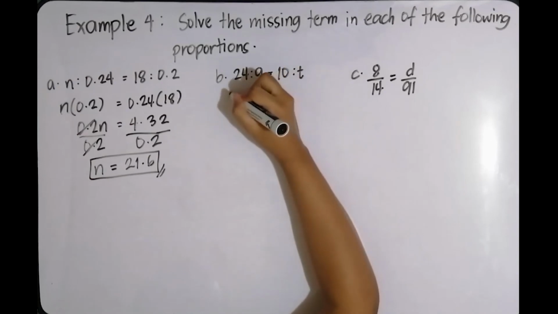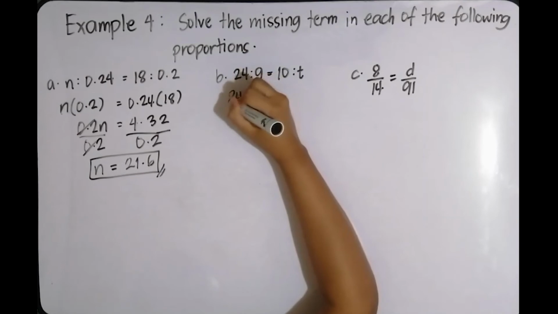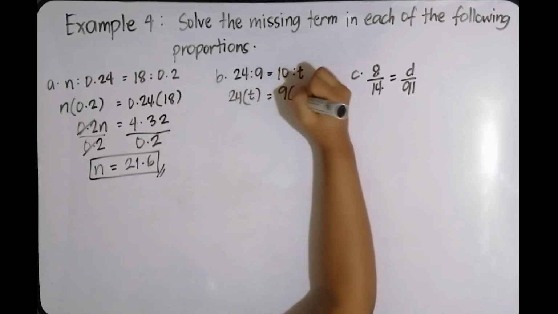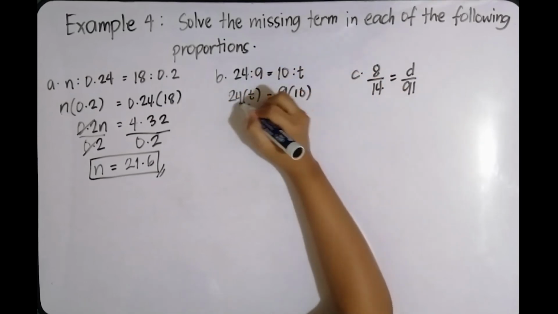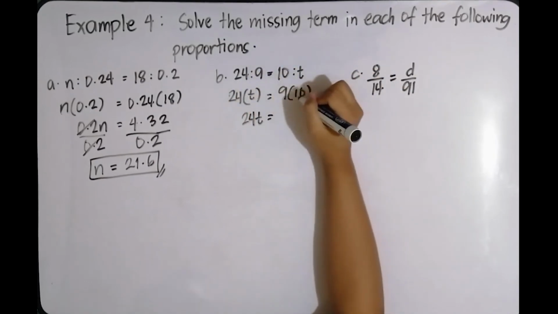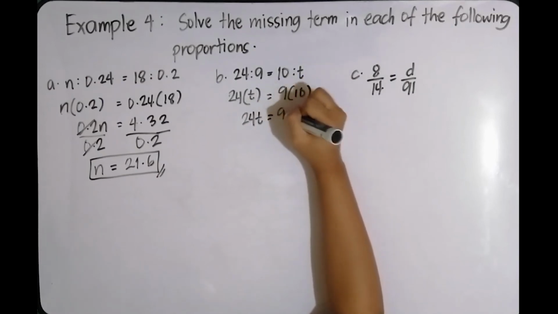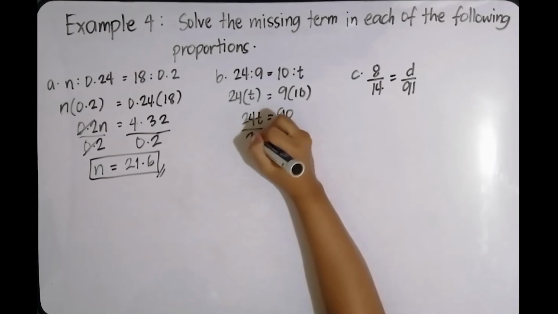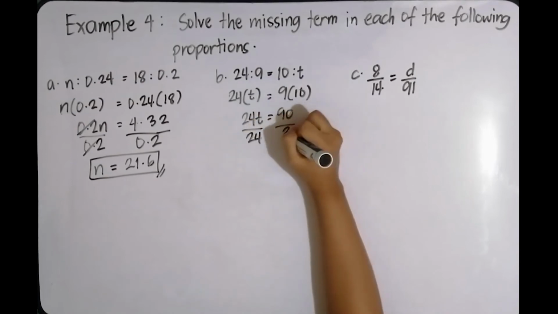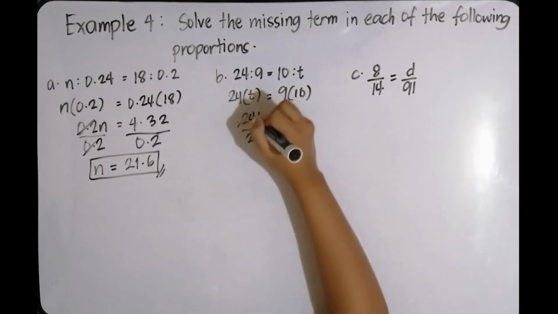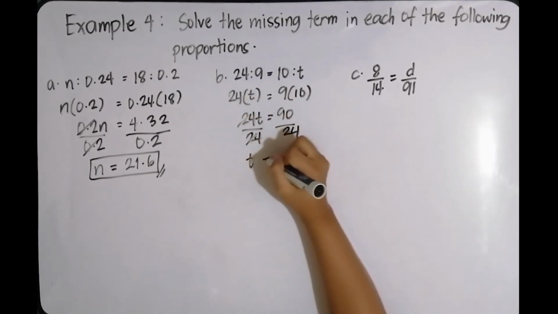So we have 24 first for the extremes: 24 times t equals 9 times 10. So 24t equals 9 times 10, that is equal to 90. So to get the value of t, divide both sides by 24. So 24 divided by 24 is equal to 1. So this cancels out. We have remaining t.